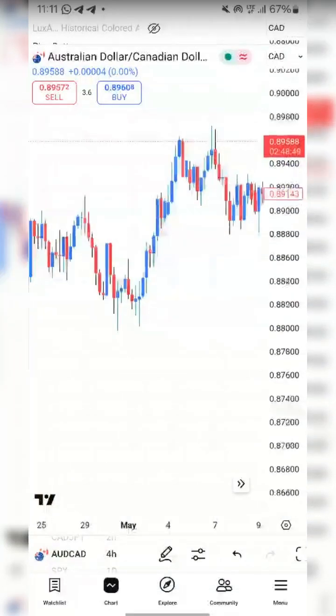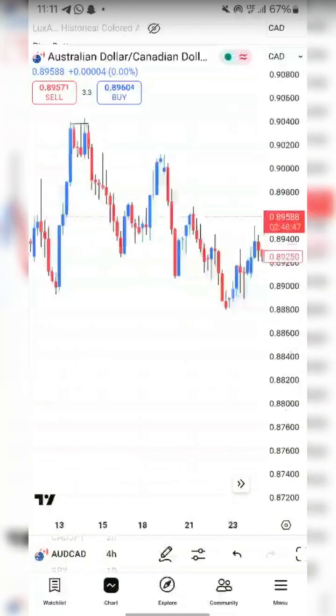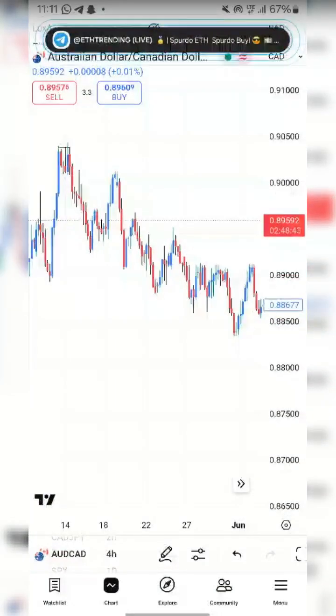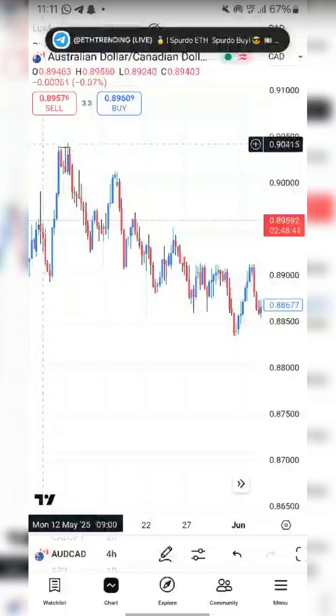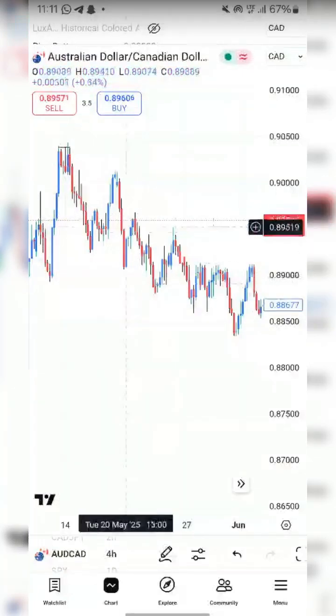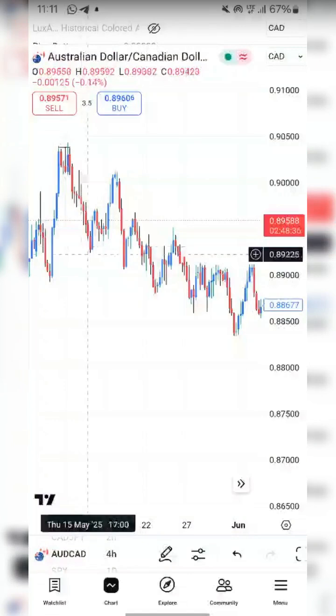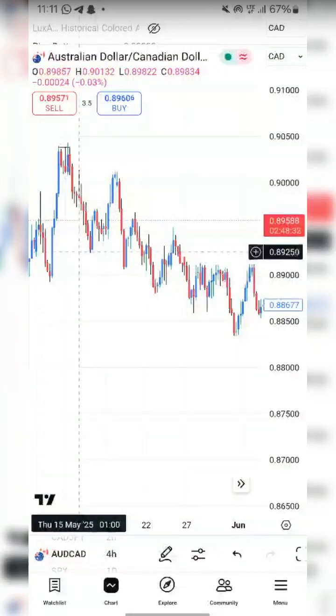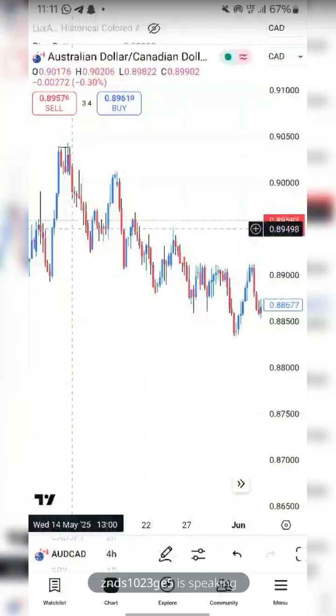So now let's look for another place. Okay, let's use here again. From this particular high, this place is the highest point in this region. Now the market came down to this point. It came up here, came down here, creating a break of structure.